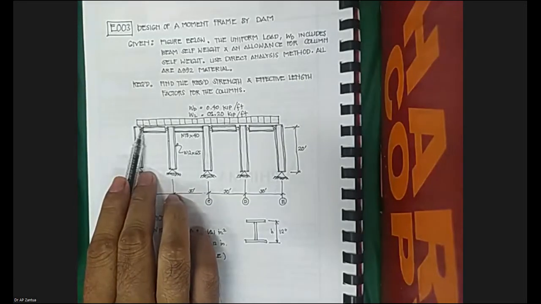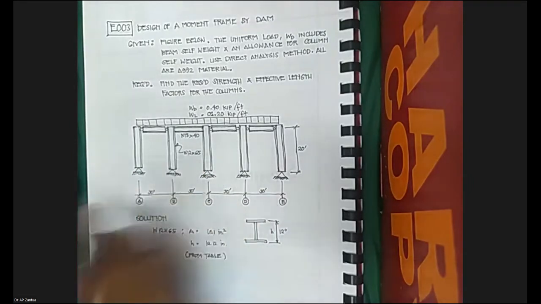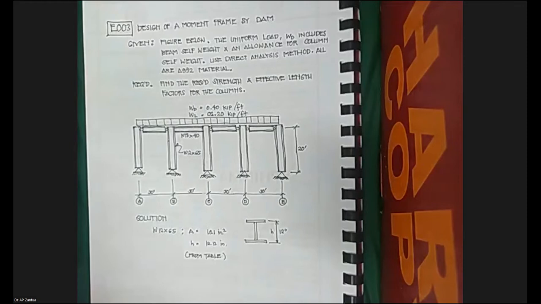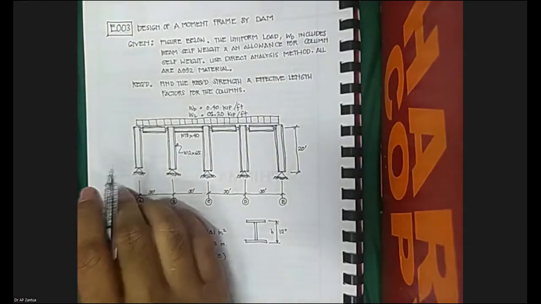So they do not contribute because of that. They do not contribute to the lateral stability because it is not stable. It will just rotate. Take note, pin connection rotate.